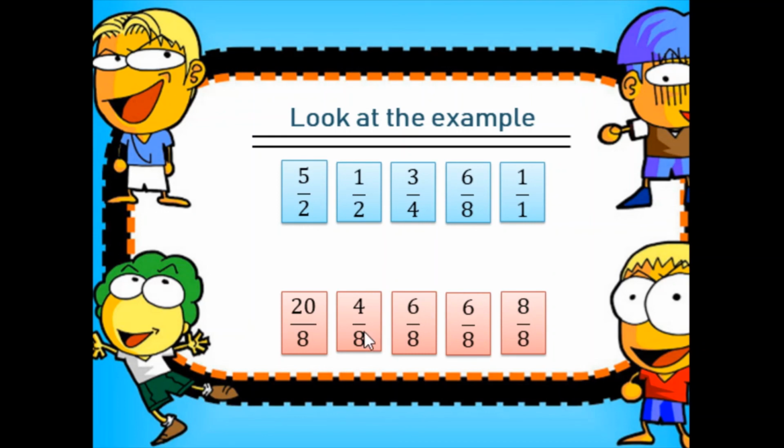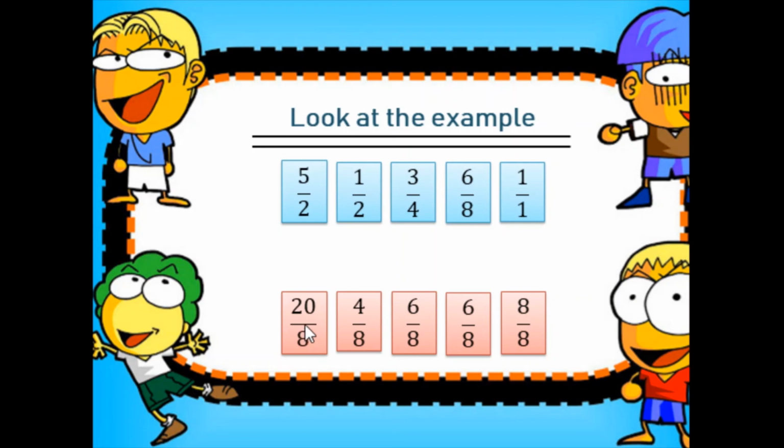Why is it 8? It's because since the denominators are not the same, you have to find their common denominator so you can divide. The common multiple that can be divisible by all of these denominators is 8.